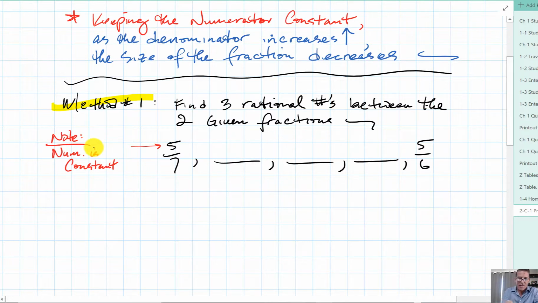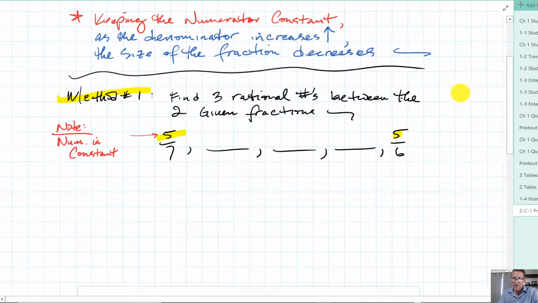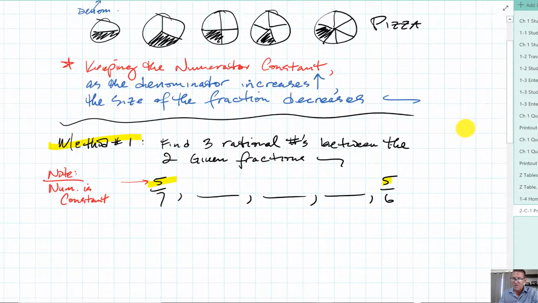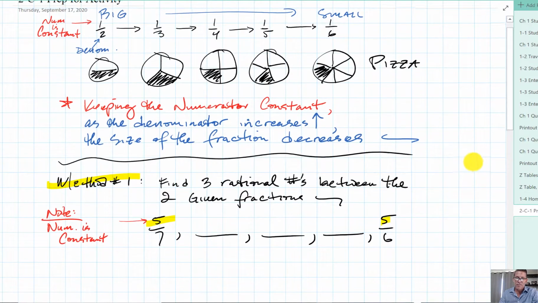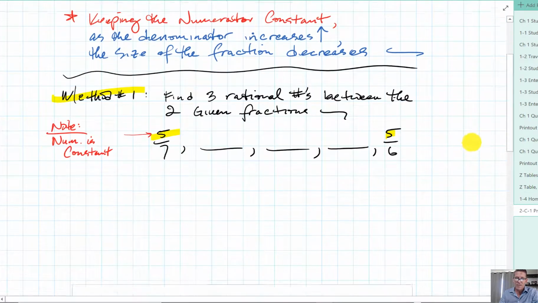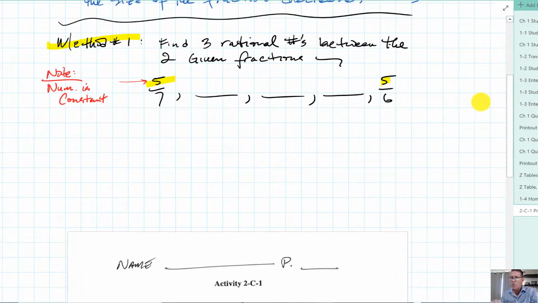Obviously, right here, 5 and 5. So how would you do this? How would you find 3 numbers that are between 5/7 and 5/6, knowing what you know about fractions? You got to be thinking about that. How would you do that? Because these fractions do not have the same denominator.